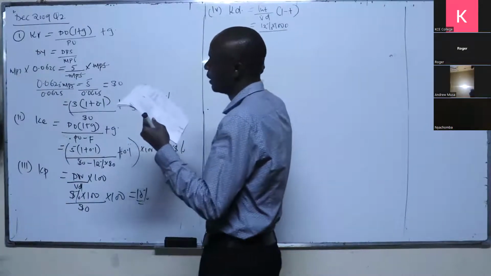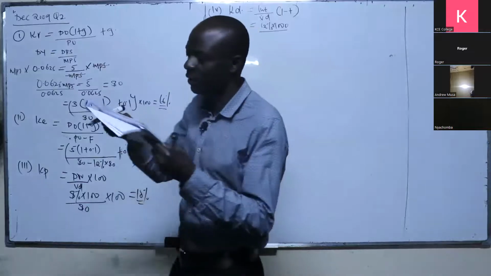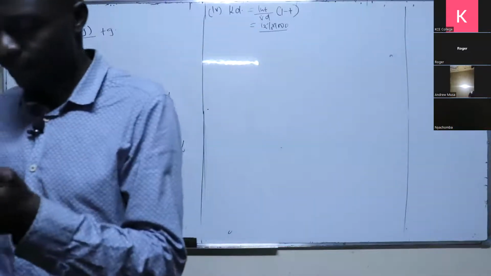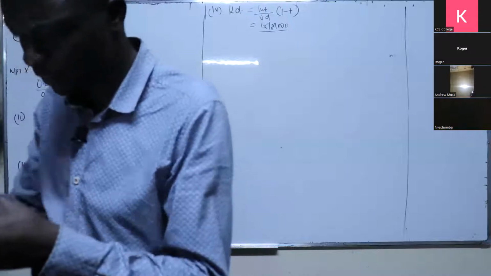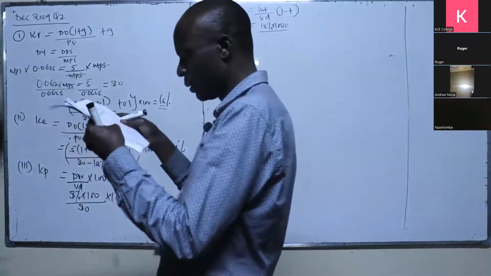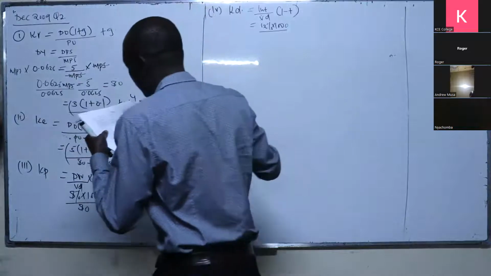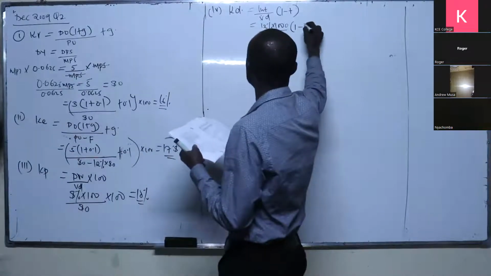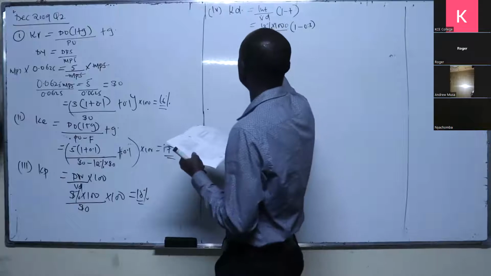You are right, it's 1,000. So what is the market value of the debenture? 960. So this is 960, times 1 minus 0.3. What do you get?